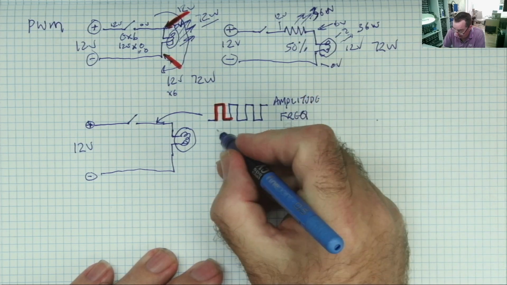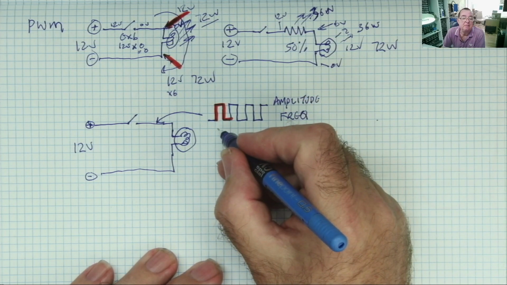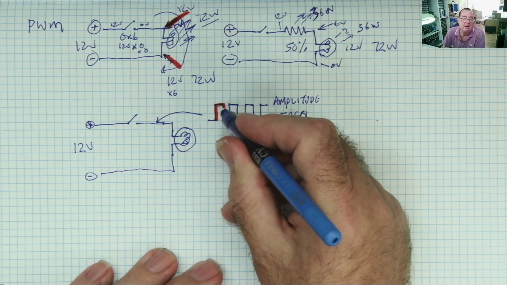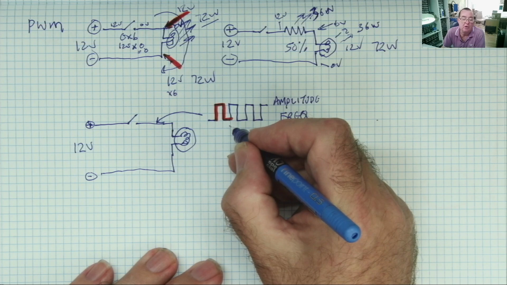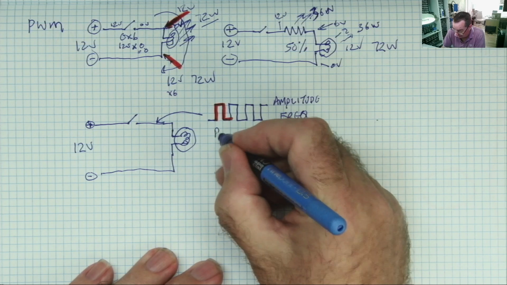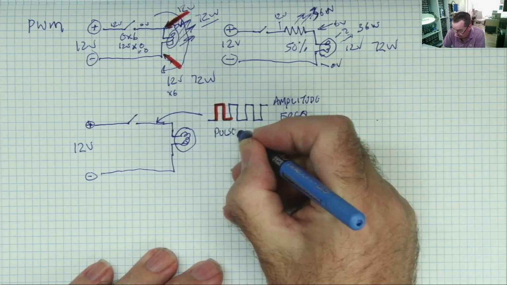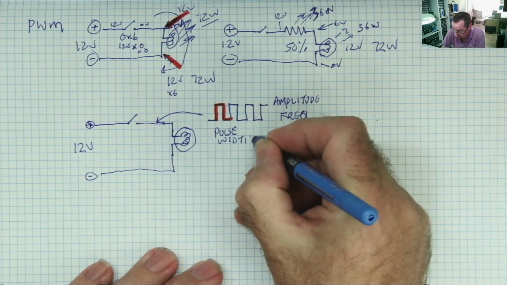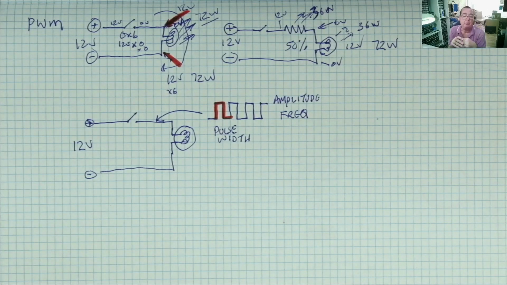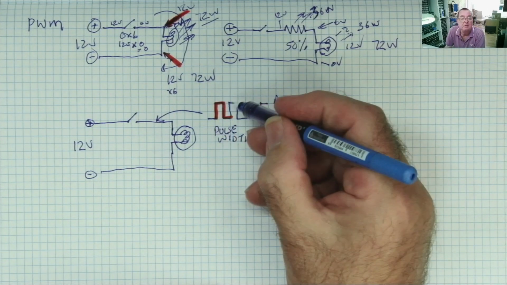And the proportion of the time it's switched on compared to the proportion of the time it's switched off is the pulse width. So when we talk about pulse width, that's what we mean.